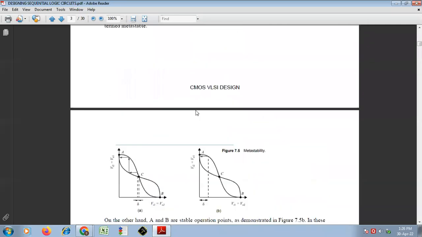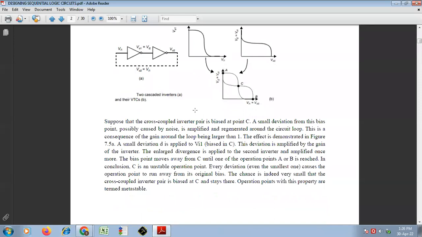The result is that the gain around that loop is greater than 1. Now the deviation is amplified by the gain of the inverter, and the enlarged deviation is applied to the second inverter and amplified once more.